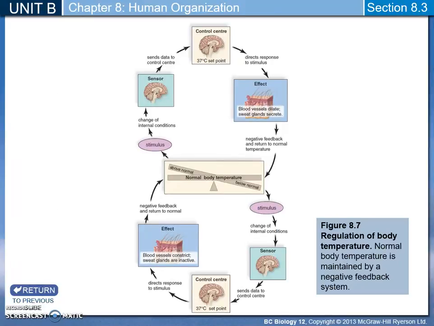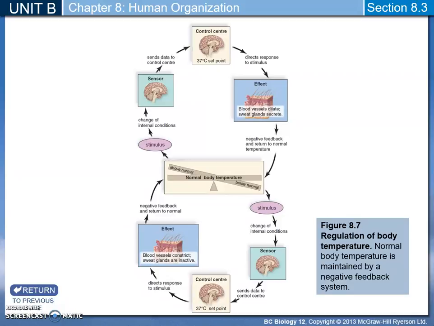And you can see this depicted in this diagram with the two loops here. The upper loop represents where temperatures are above the set point, and that directs the response from the hypothalamus to dilate blood vessels and for the sweat glands to secrete, which then would reduce the temperature of the body core.